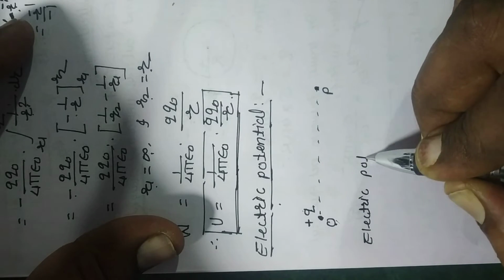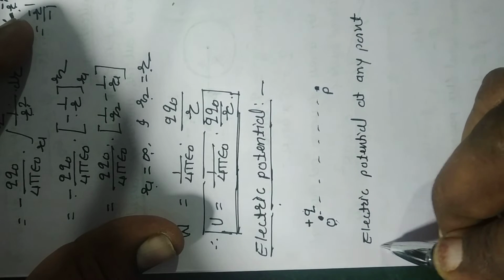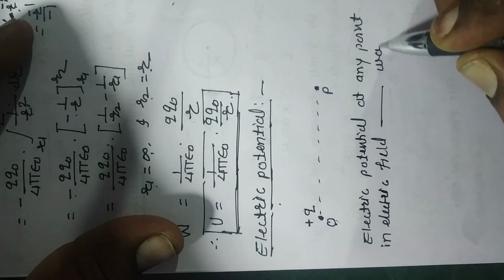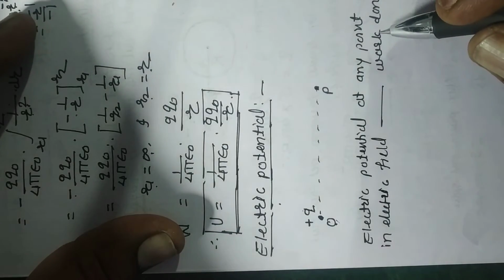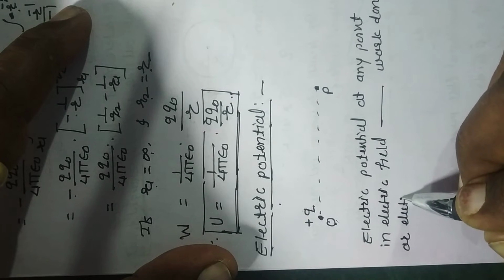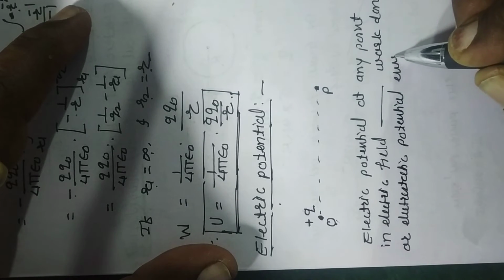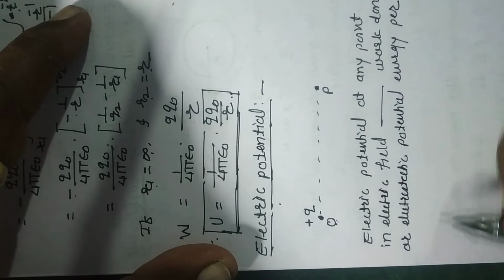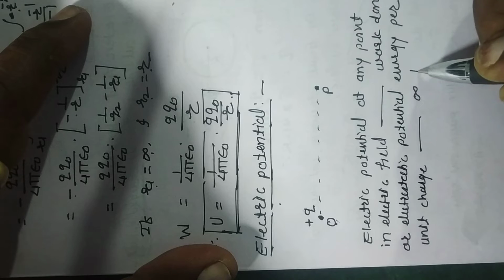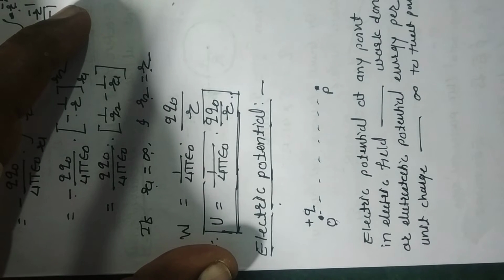Electric potential at any point in electric field is defined as work done or electrostatic potential energy per unit charge to displace from infinity to that point against electrostatic force.